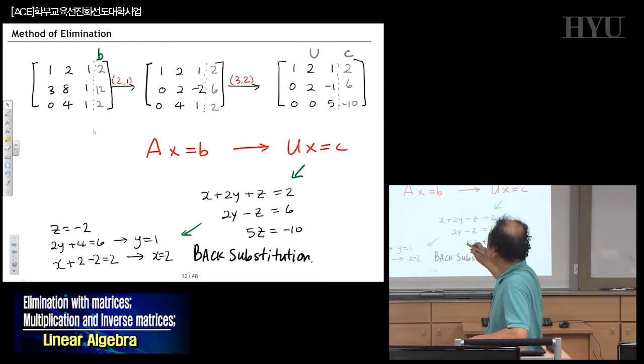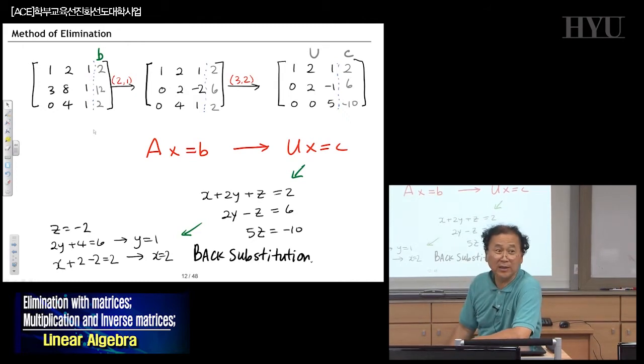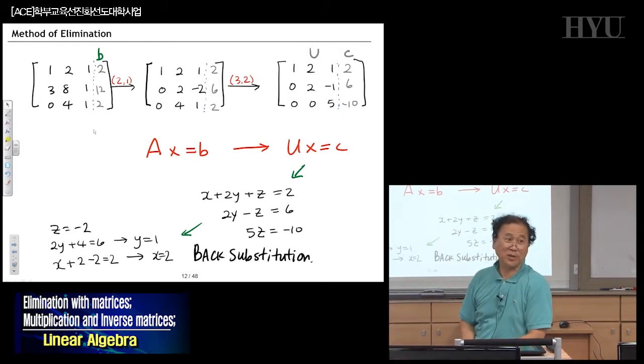Then we can compute both. When we transform this, the equation becomes this. Ax = b is transformed into Ux = c. Then using back substitution, we can solve the problem. In most cases you use this way to solve the problem.